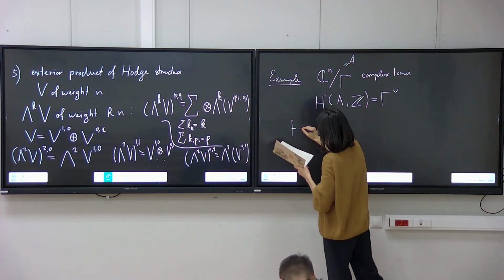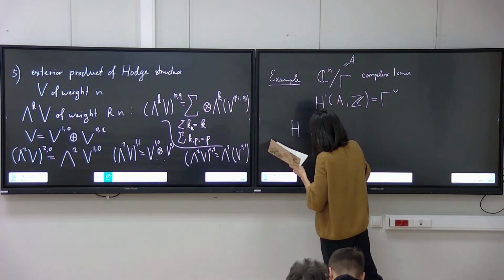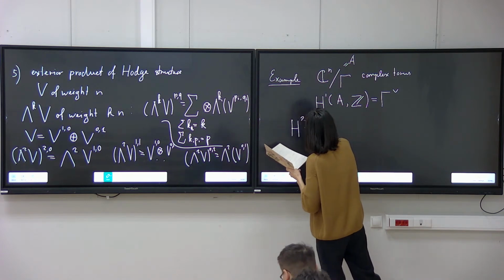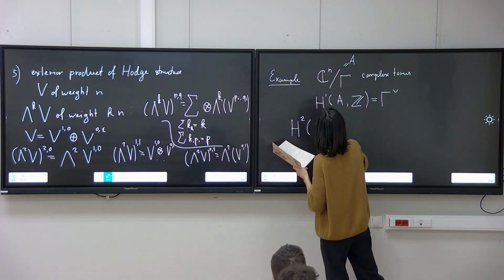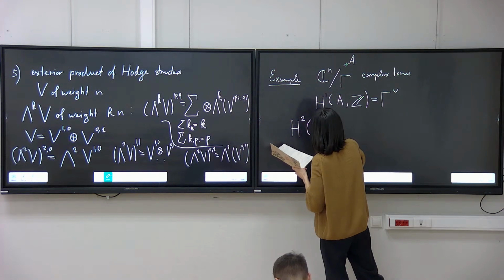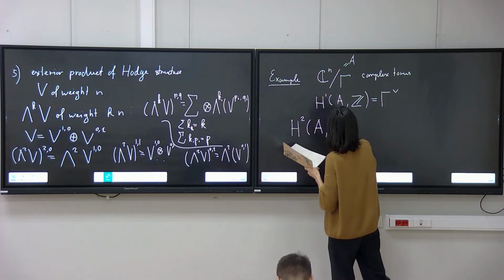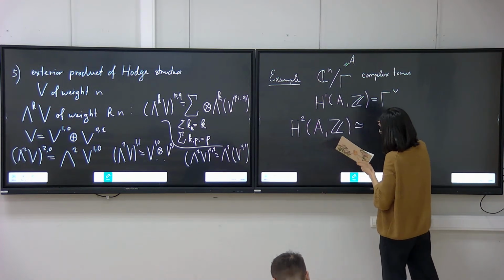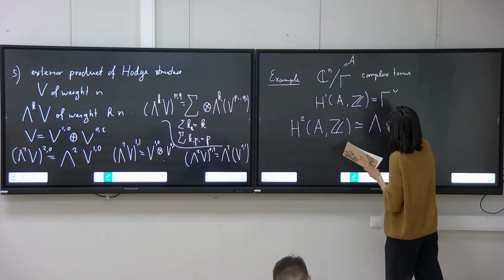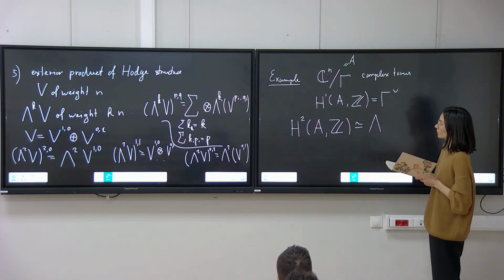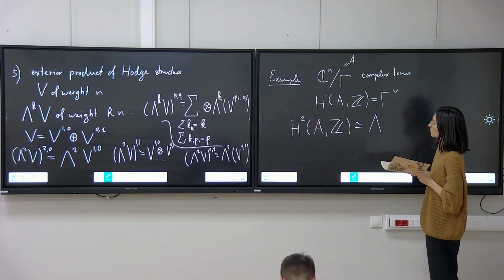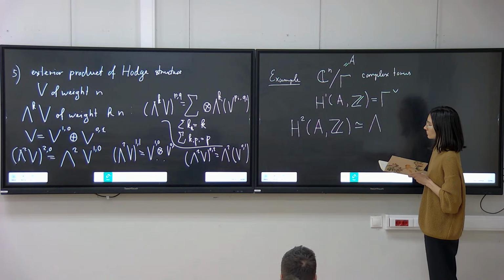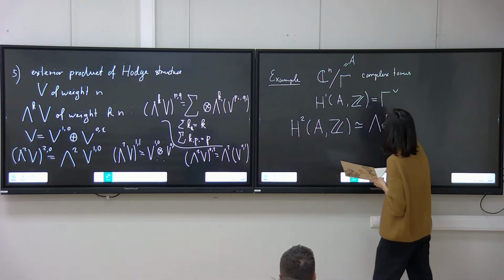And in fact, H2(A,Z) is isomorphic to what in terms of H1? Lambda 2 of H1.